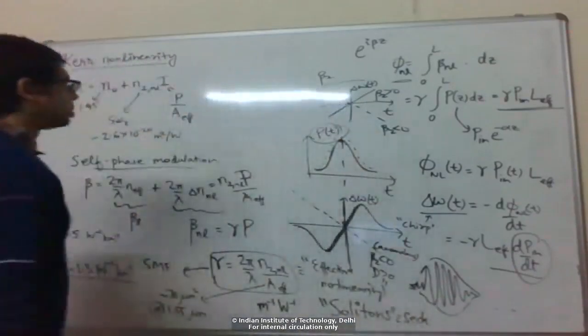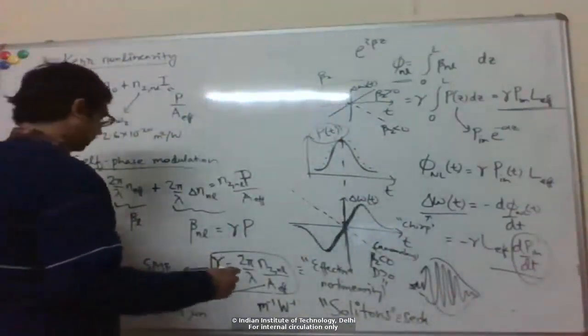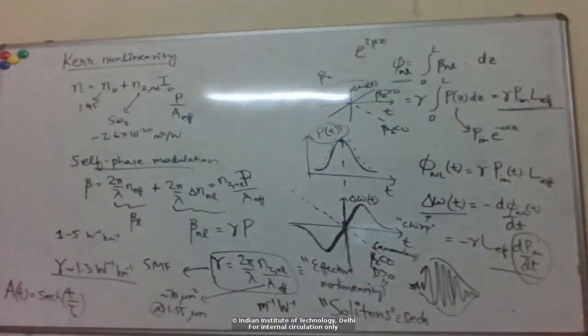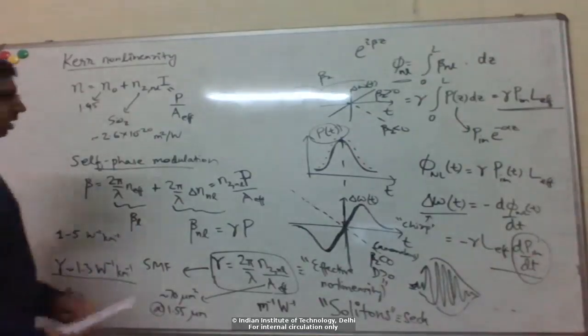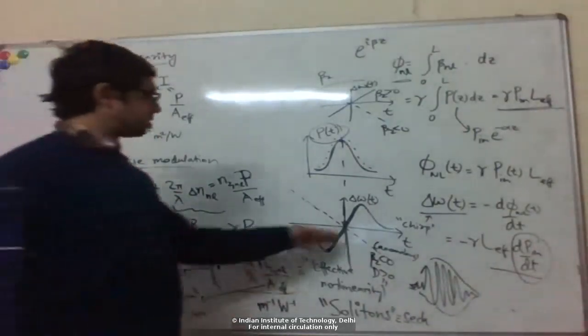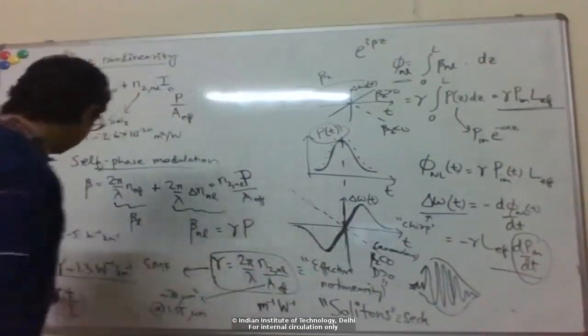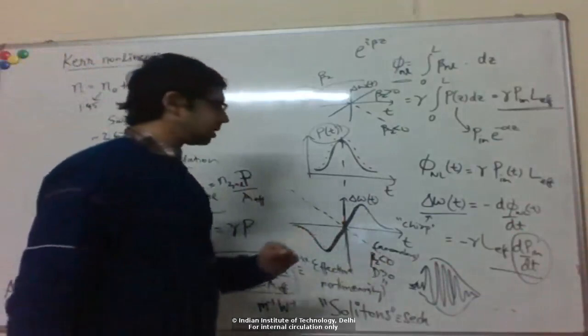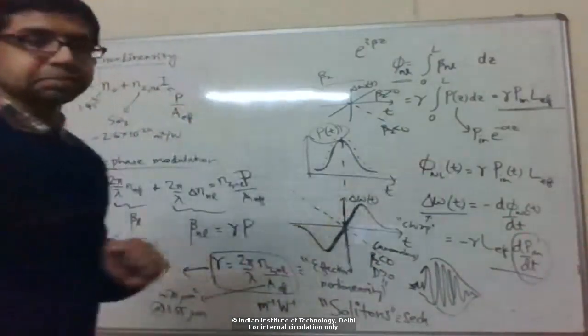So if your pulse envelope was a secant hyperbolic instead of a Gaussian, then for some particular power P naught, this cancellation can happen exactly, and this pulse will propagate without any change, even though the fiber has a non-zero dispersion and a non-zero nonlinearity.